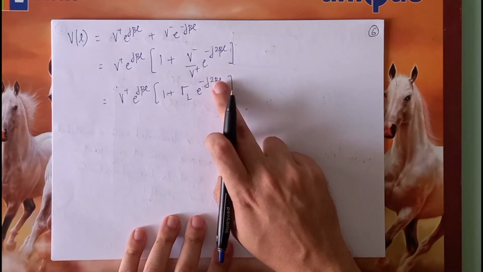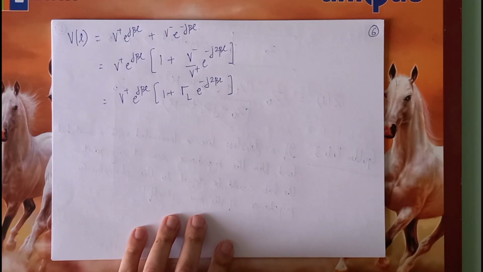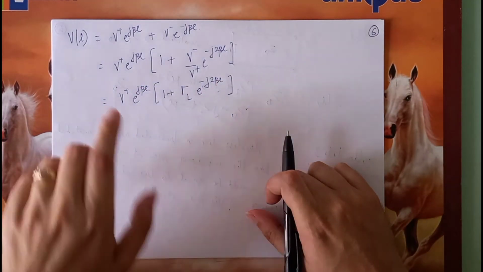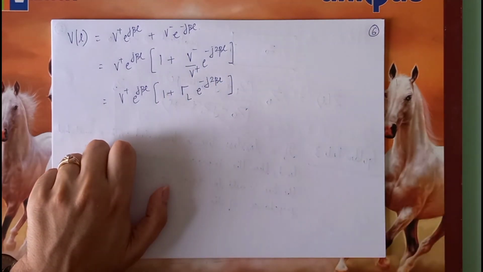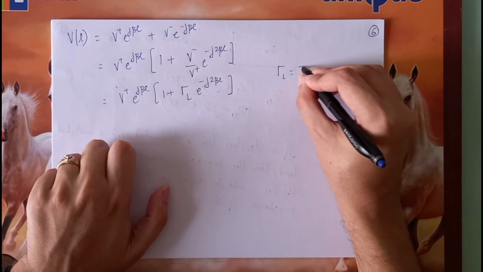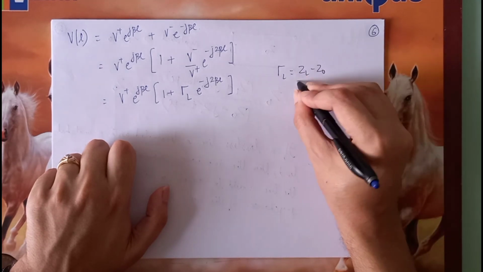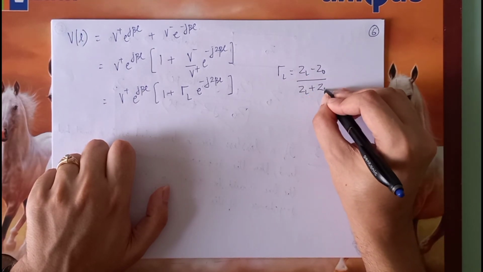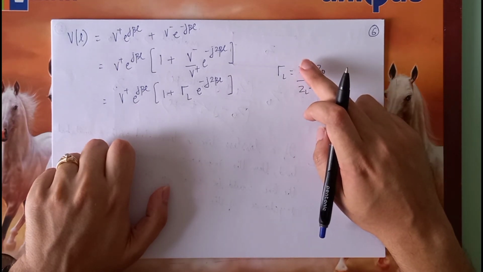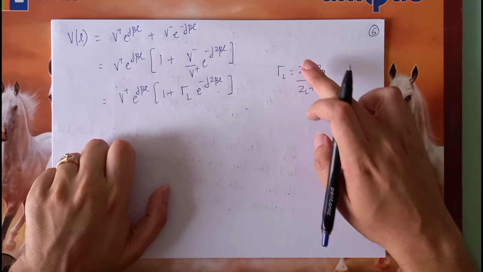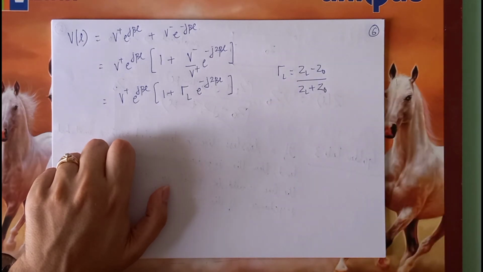Now this is a complex term. In general, even V plus can be a complex term. But what about gamma L? We know that gamma L is nothing but ZL minus Z0 divided by ZL plus Z0. Now ZL can be real, it can be imaginary, it can be complex. So therefore gamma L in general is a complex number.